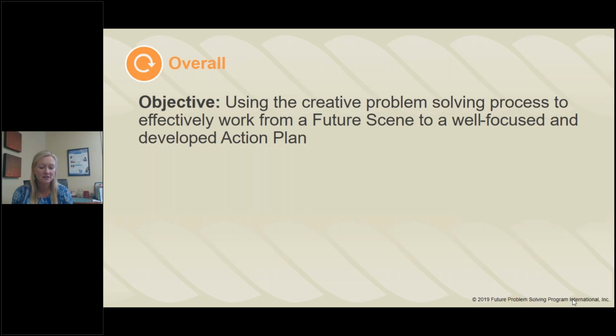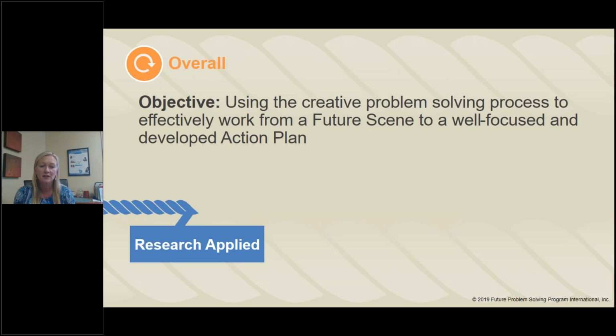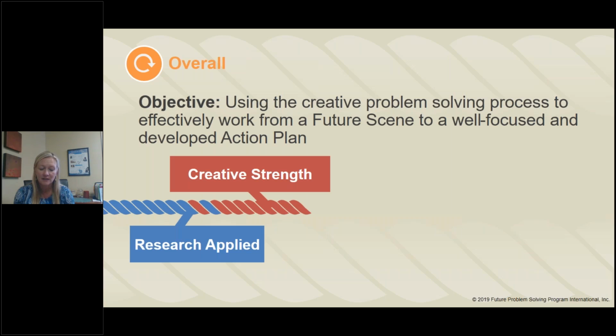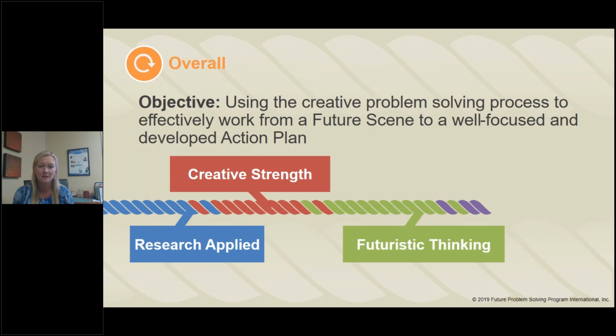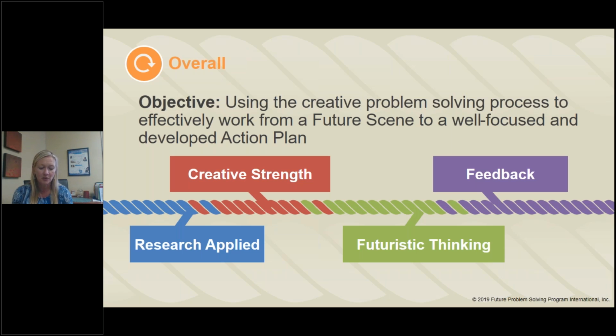This takes a look at the creative problem solving process from start to finish, from the students' first work in identifying those challenges, analyzing those facts from the future scene, all the way through the development and creation of that action plan. So we're going to take a look at their research that they've applied, their creative strength that they employed throughout the process, their futuristic thinking, and then we're going to provide some overall feedback to the students.